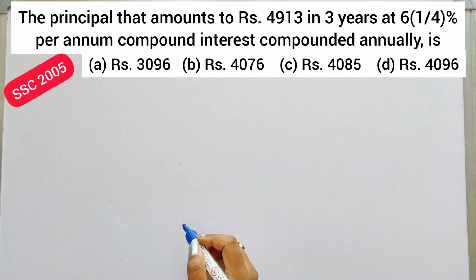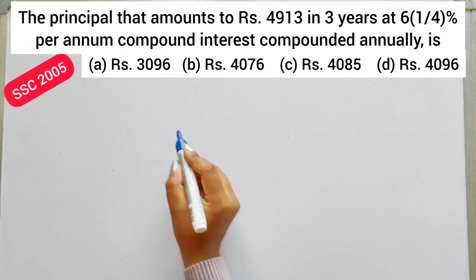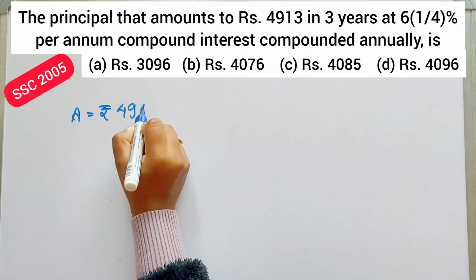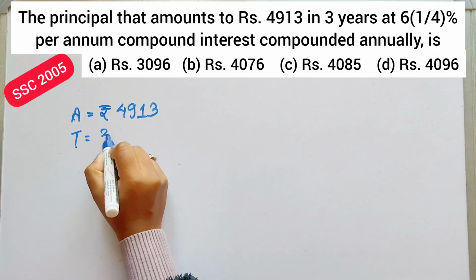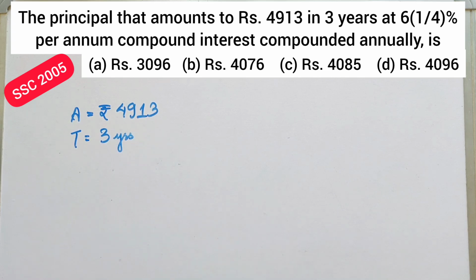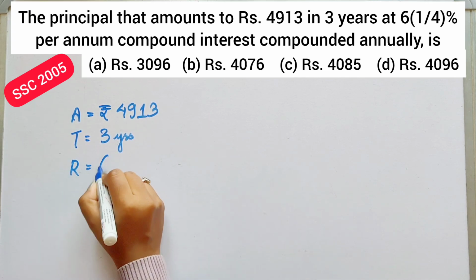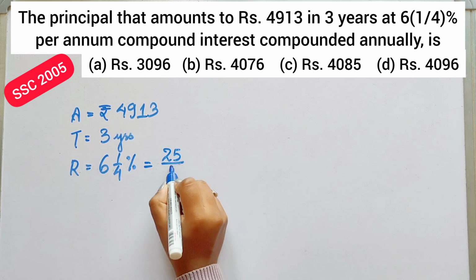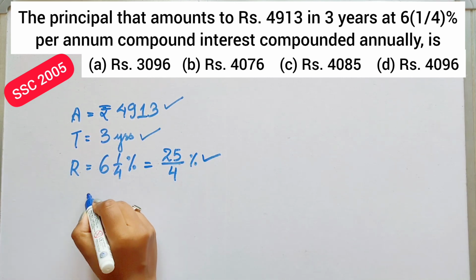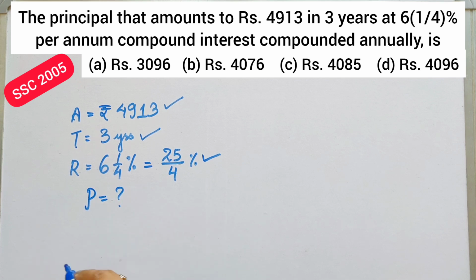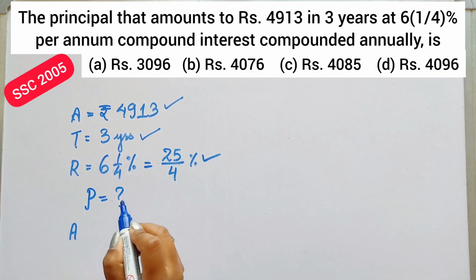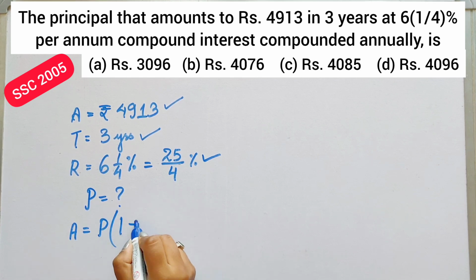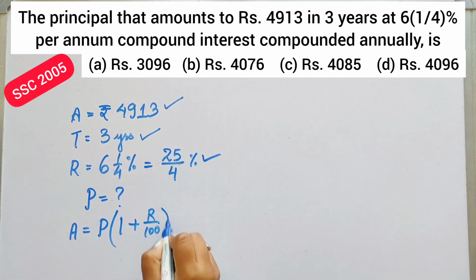Now we have the question over here. The principal that amounts to rupees 4913 is what we need to find. Time is 3 years. And the rate provided in the question is 6 whole 1 by 4%, converted as 25 by 4%. As we know, the formula for amount when compounded annually is P whole 1 plus r by 100 into the power n.